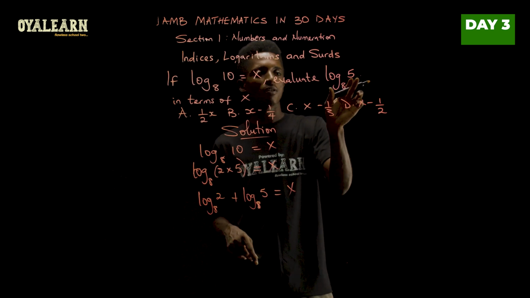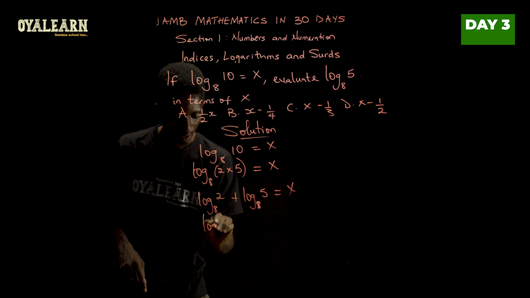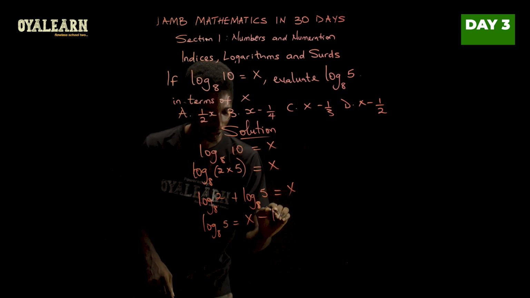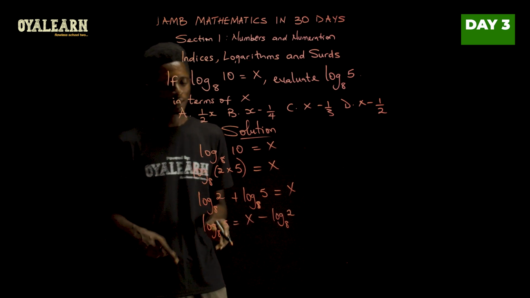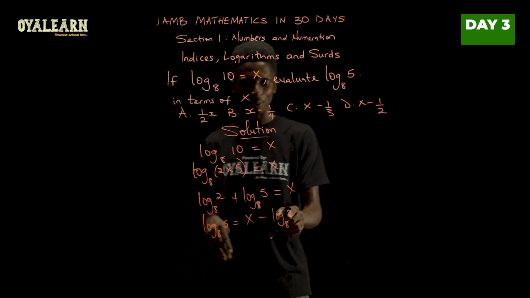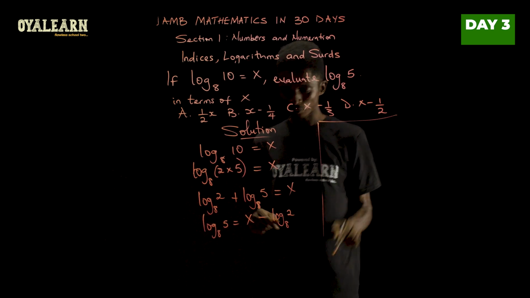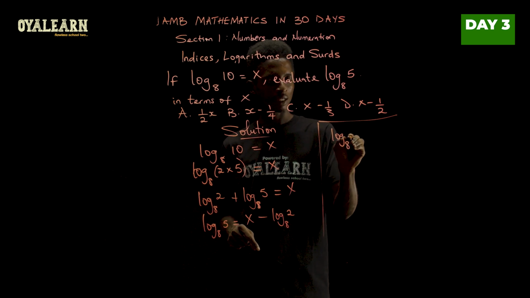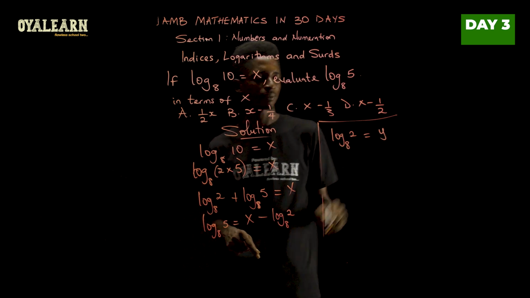Now, we are to evaluate log base 8 of 5, which is this part. So make that the subject. Log base 8 of 5 can then be written as x minus log base 8 of 2. Now, what we have to do is to find a representation for log base 8 of 2. Let's do that here. We can say log base 8 of 2, let's call that y.